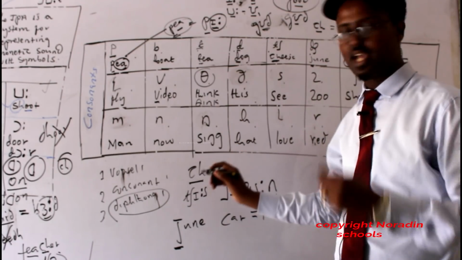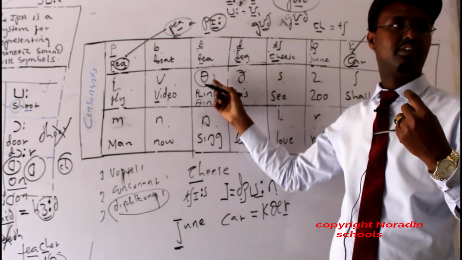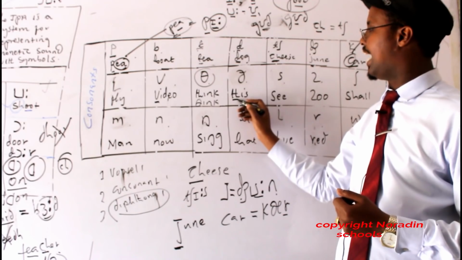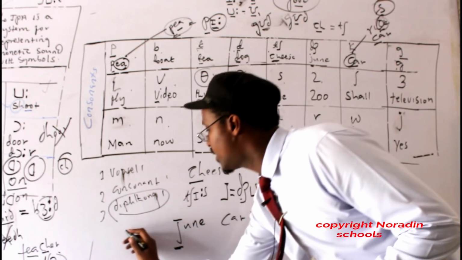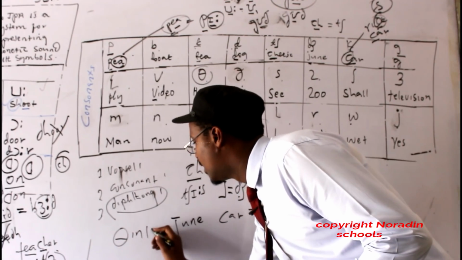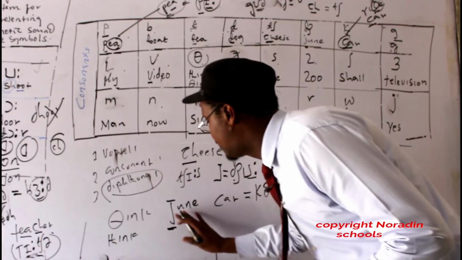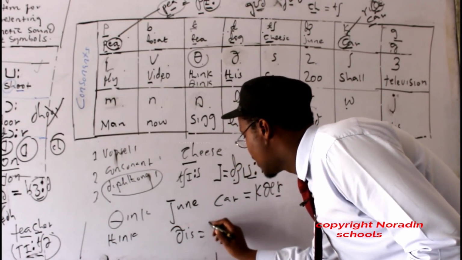If I ask you to write the pronunciation of the word think, you write it like this. And if I ask you to write the word that, you write that like this. There is a difference between this one, think, and that one, that. And this word, this, changes to that.